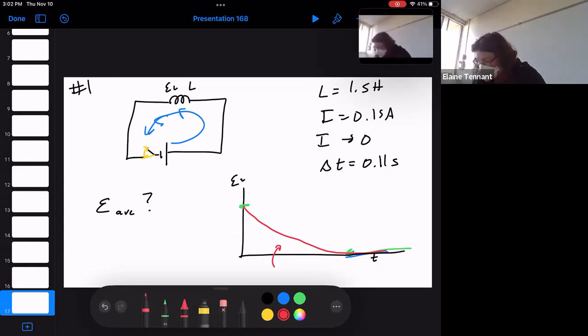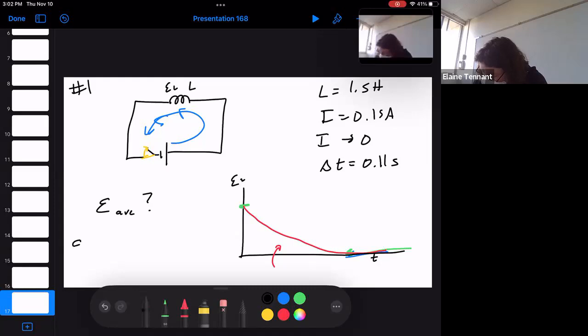So given that our rate of change is not constant, can we just find an instantaneous value? No. Okay, we have to find an average value. Excellent. And so in this particular case, the average value truly matters.